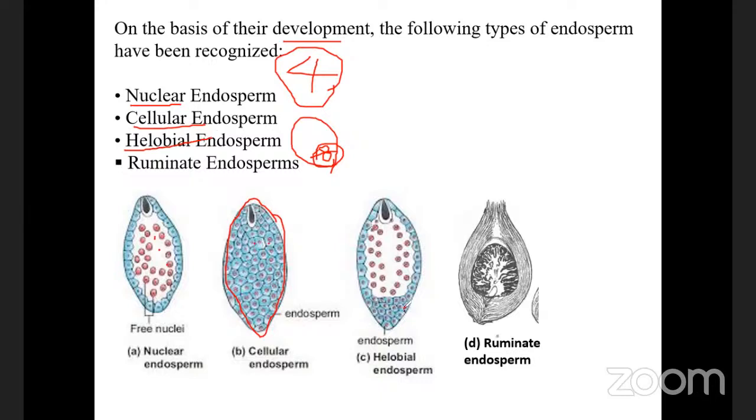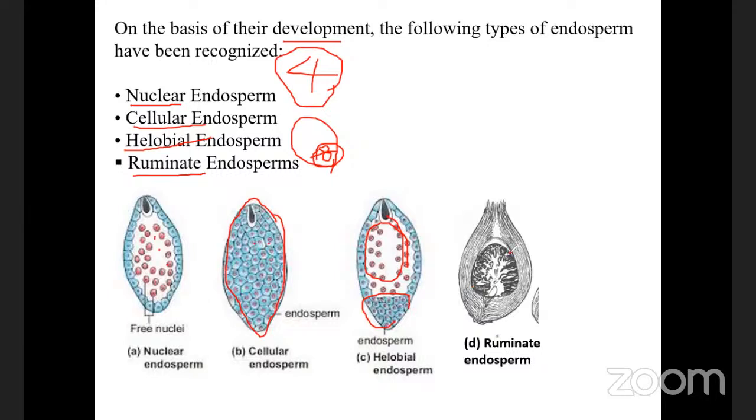That means both types: the cellular type of endosperm at the chalazal end and the nuclear type of endosperm at the micropylar end near the embryo. Both types of development are there, and we call it helobial endosperm. And then the next is ruminate endosperm.